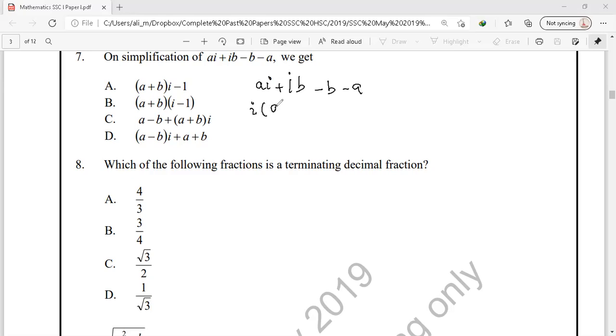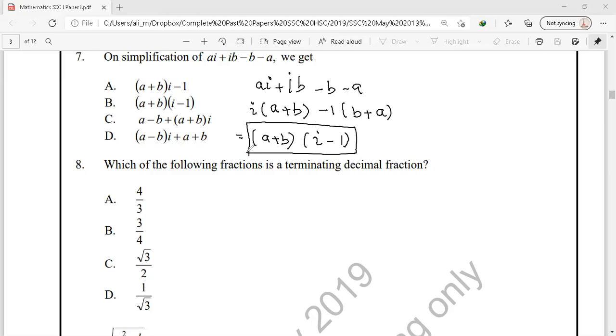In the first two terms, we will get a + b, and we can take minus 1 common from the remaining expression, and we will get b + a or a + b. We can again take a + b common from this expression, so we will get iota minus 1 remaining. So the correct option we have is (a + b)(iota - 1), which is option B for question number 7.